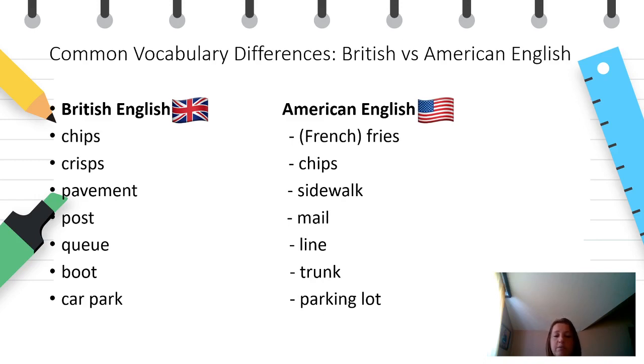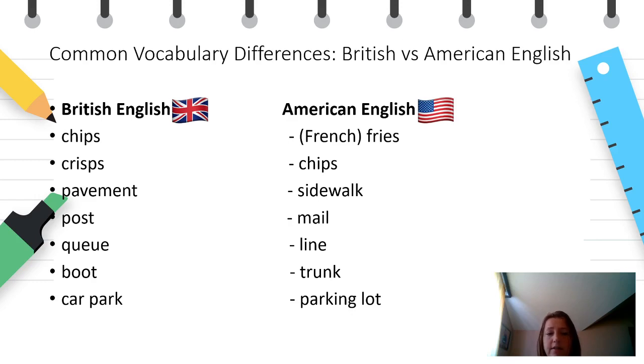Next word is chips. Chips in British English means those fried hot potatoes usually served next to your burger. And the American word for chips is fries or French fries.